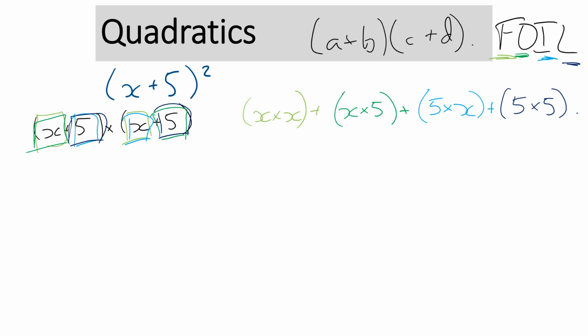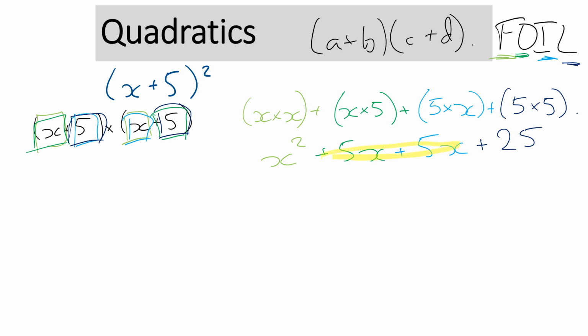Then we just do what's inside the brackets. X squared plus 5x plus 5x plus 5 times 5, 25. Sorry, team, I should have used different colors for this. Now, not quite done, right? Because we can still simplify this further.